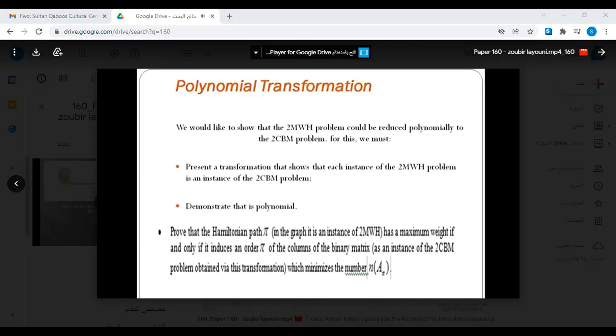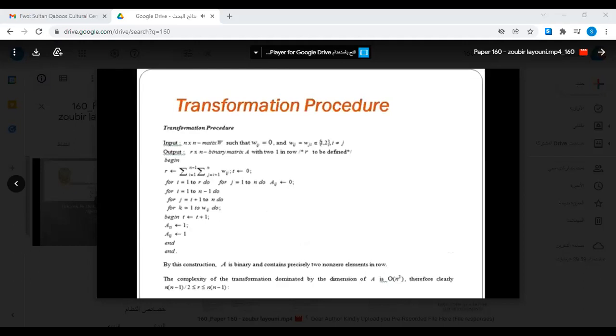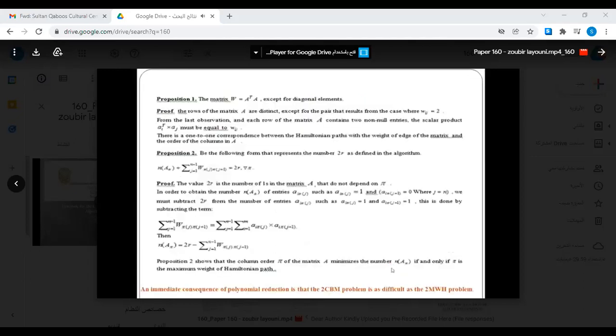The transformation procedure can be presented as the algorithm below. By this construction, A is binary and contains two non-zero elements in a row. The complexity of this transformation is as follows. For this, we mention two propositions and proofs below.